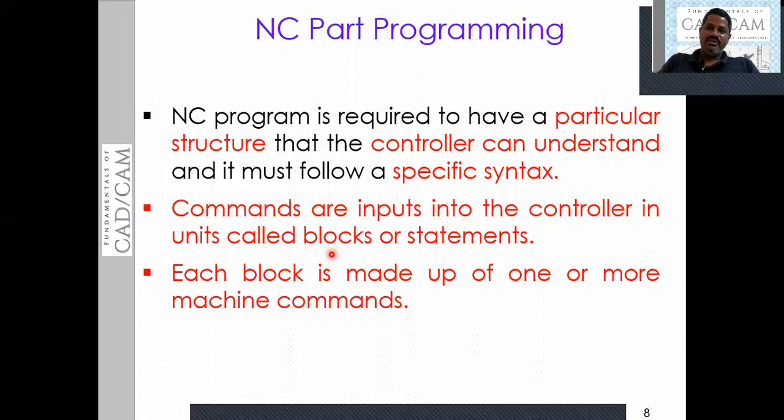One block is responsible for one action or one operation on the machine tool. If we combine all these blocks or statements, we can call that a program, an NC program. We will discuss what a block is, what it contains, and what exactly the program is in the next slide. Each block is made up of one or more machine commands, as I said just now. So each block consists of a number of commands. We will see what exactly.